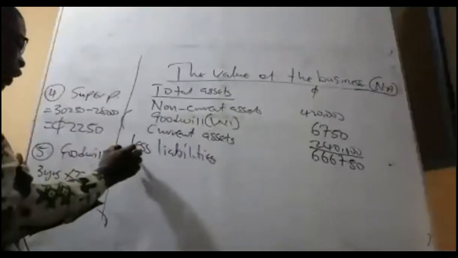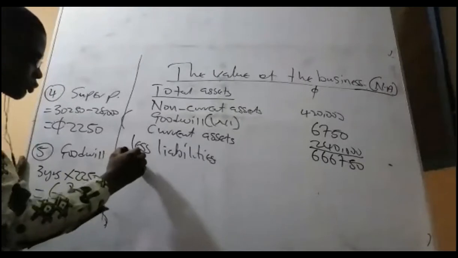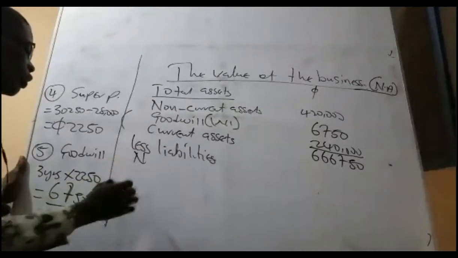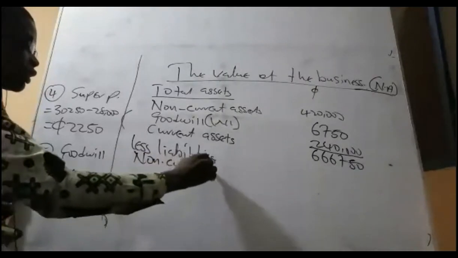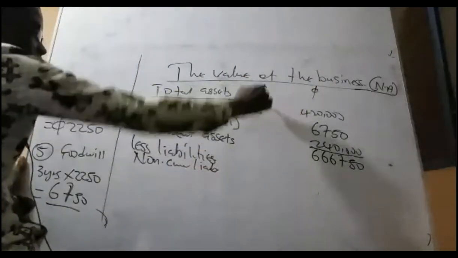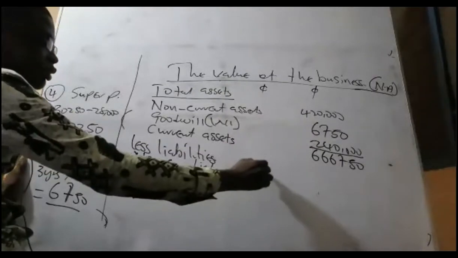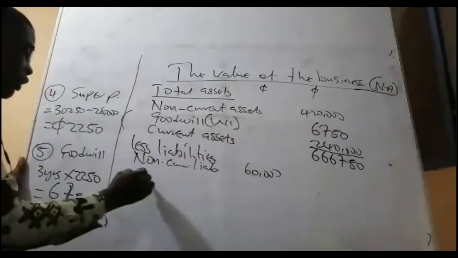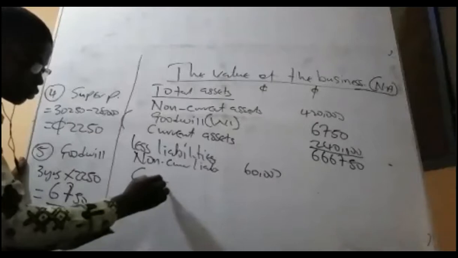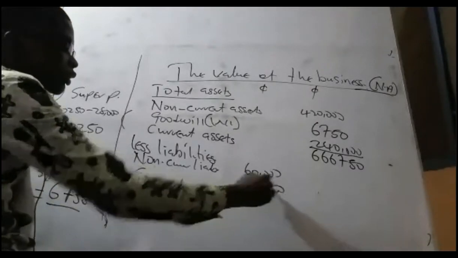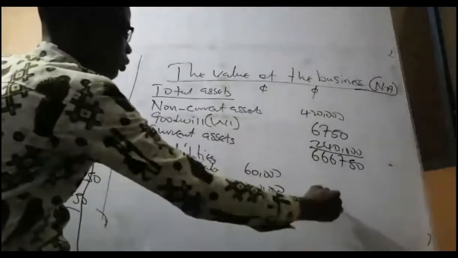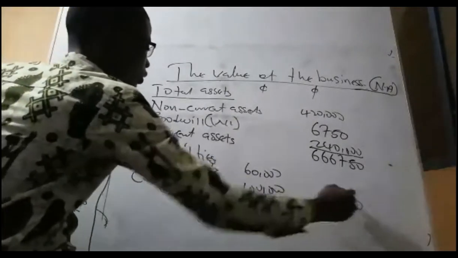Non-current liability, which is 60. Current liability, which is 100. You sum it up, you get 150,000.